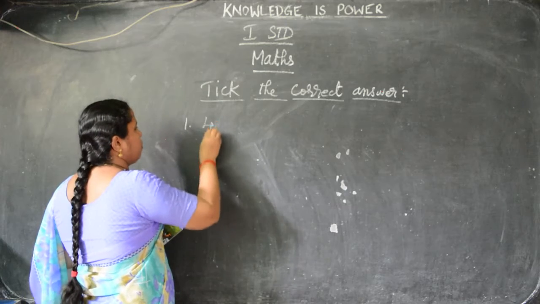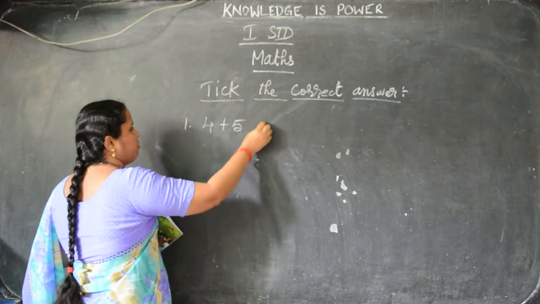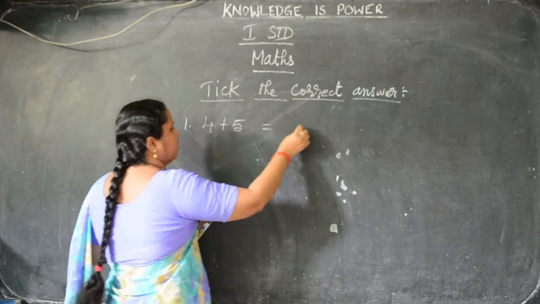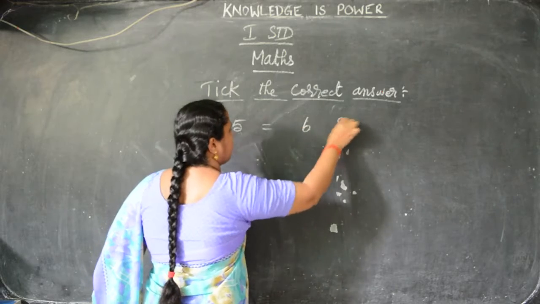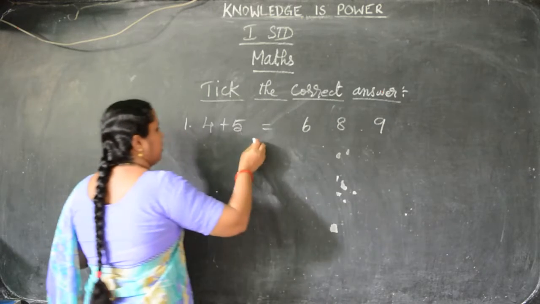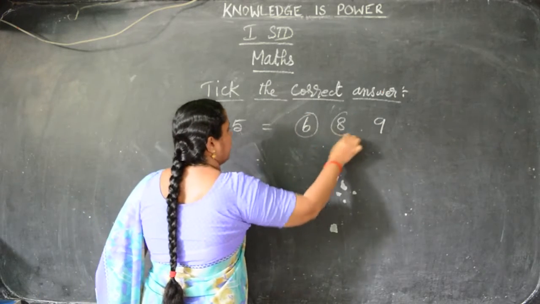First one, 4 plus 5. Let's see. 6, 8, 9. Here you should tick the correct answer.